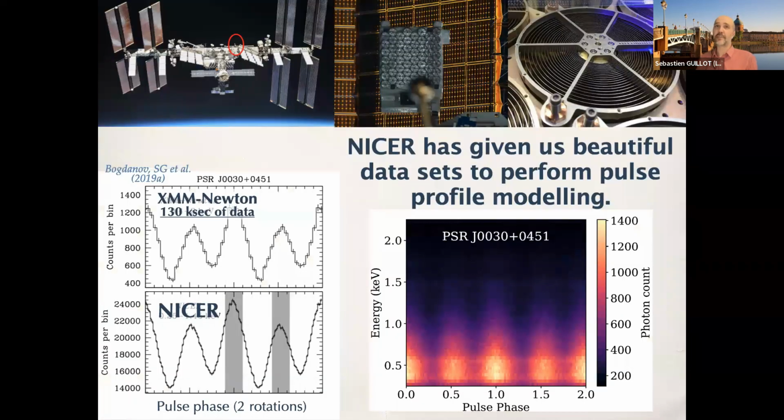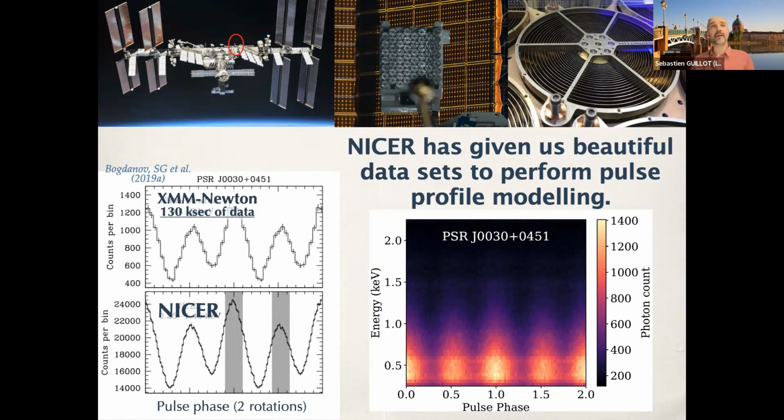NICER has given us a beautiful data set, several megaseconds for several millisecond pulsars. I'm showing on the left the difference of the pulse profile between 130 kiloseconds of data with XMM-Newton and what we can get with NICER in 2 or 3 megaseconds, I think, for this one.